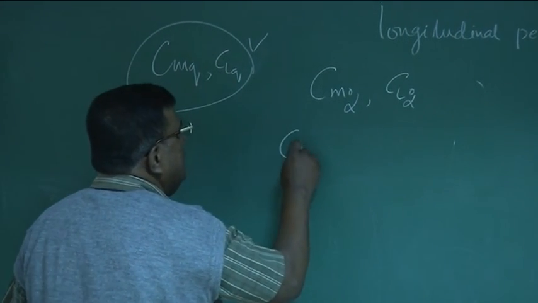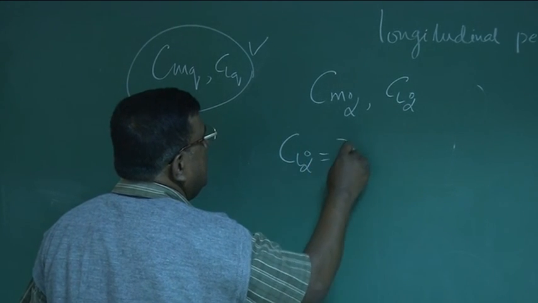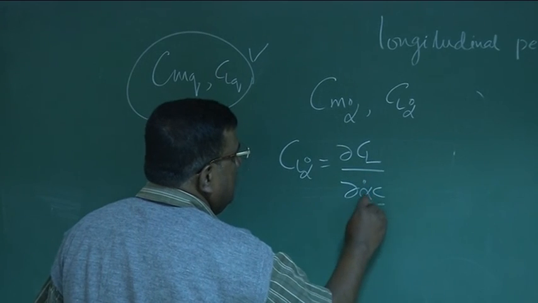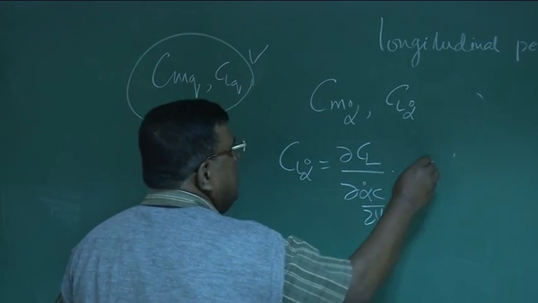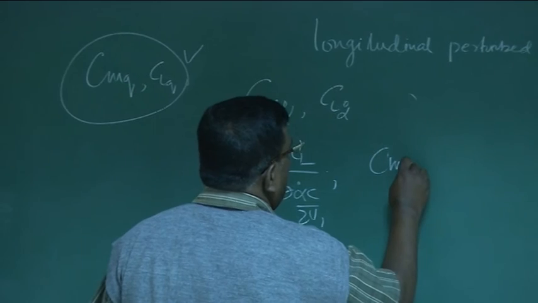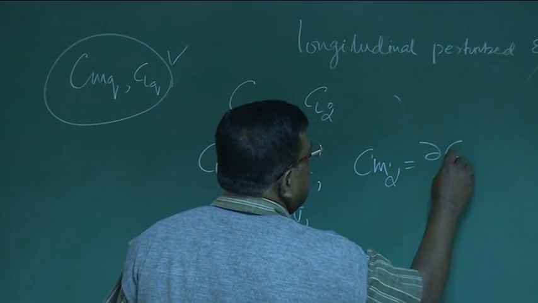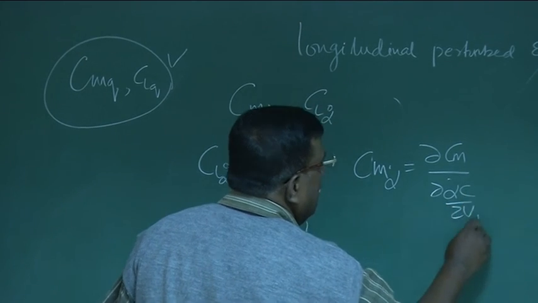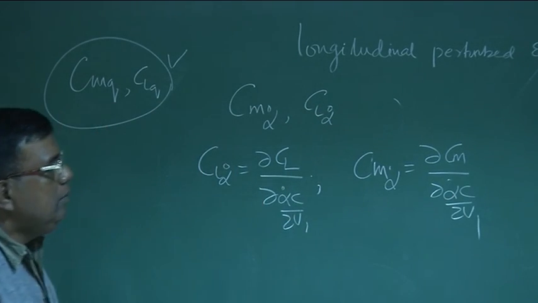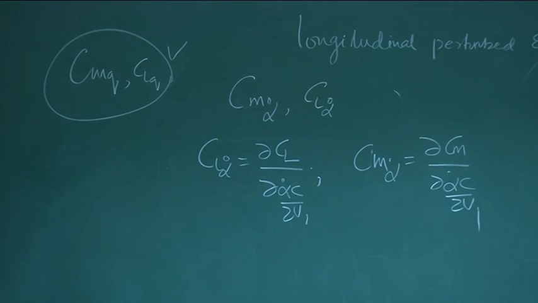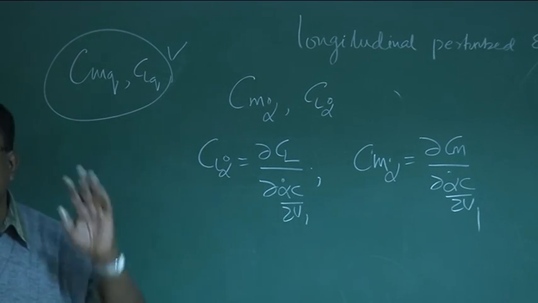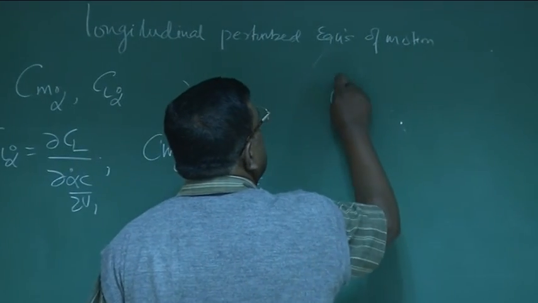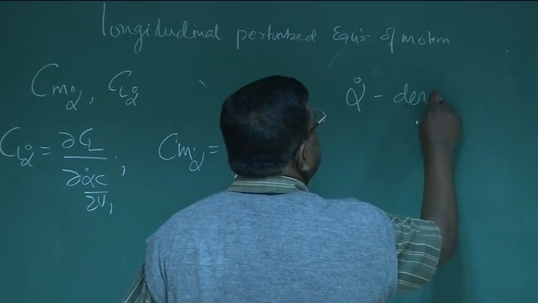And you know, CL alpha dot by definition we have said is dCL by d(alpha dot c by 2U1), and CM alpha dot is dCm by d(alpha dot c by 2U1). And you know why this c by 2U1? Because alpha dot has a dimension. We want to convert them into non-dimensional quantities. Now these are covered in textbooks under alpha dot derivatives.